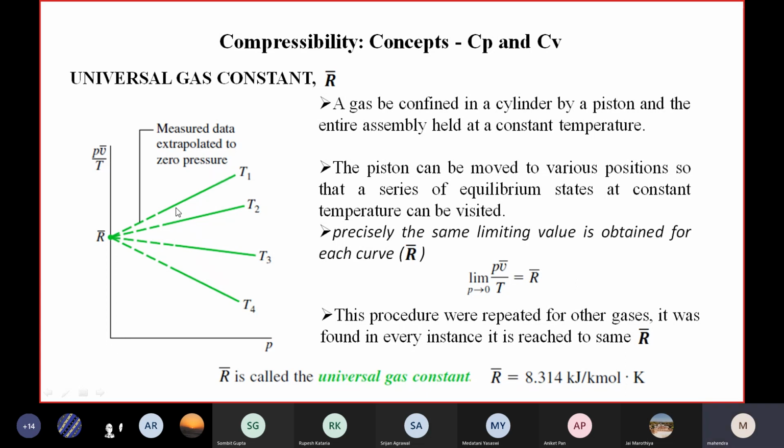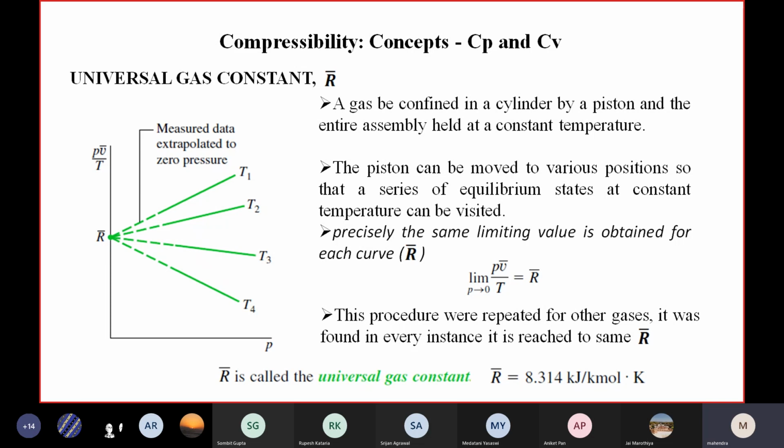In that case, it will be touching at this point. This point will be the same for any temperature, and not only that, for any gas also. If you follow this process for any gas, that also would be touching the same point. That is the value, this much. That is the reason we are calling it the universal gas constant for any gas.